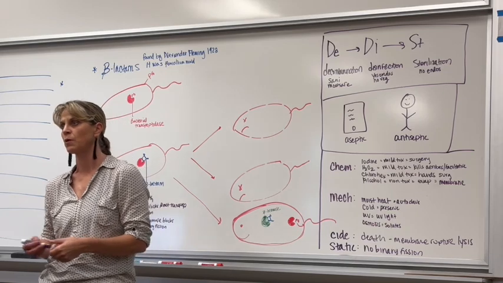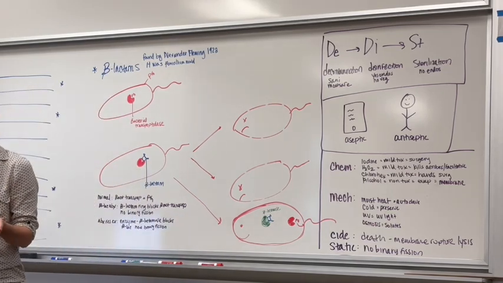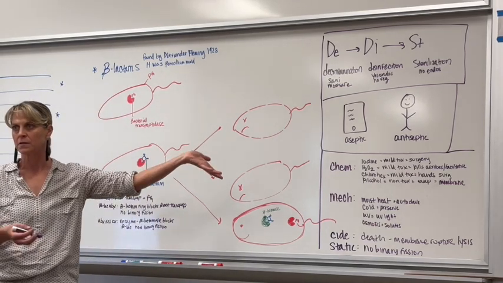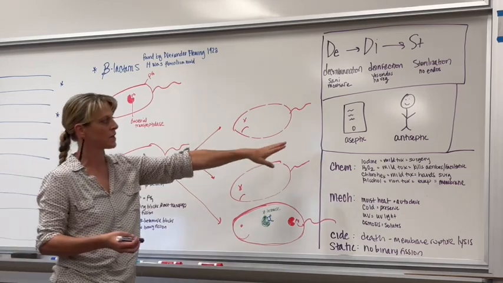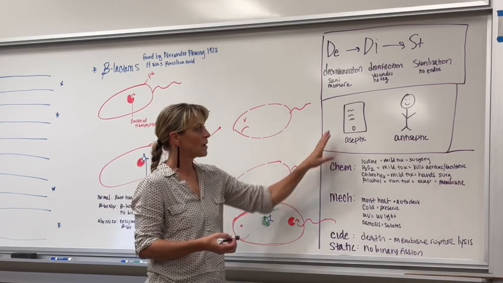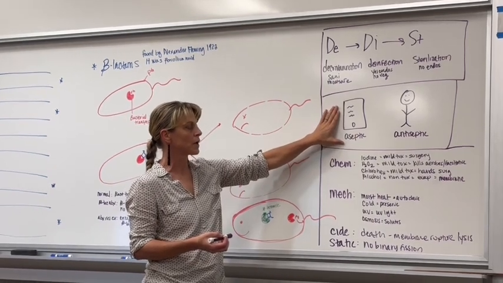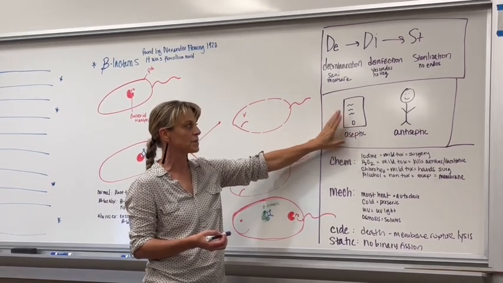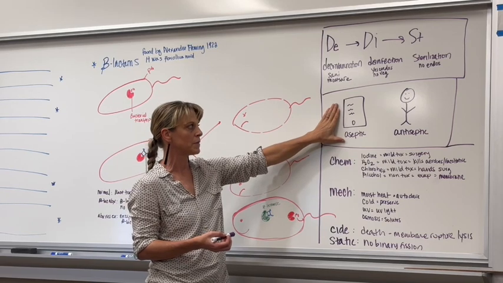Antiseptic just means that we're trying to kill organisms on a human being versus on a fomite. Does that make sense? So aseptic is getting rid of organisms on materials, on fomites.